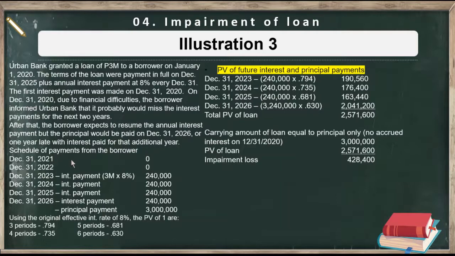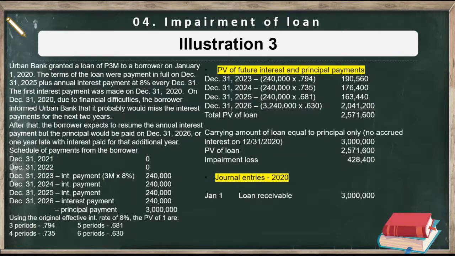Okay, what matters is how many periods pass before the payment. And since there would be 3 periods that pass here, 2021 is period 1, 2022 is period 2, and then December 31, 2023 is period 3. So that's why our present value factor starts at 3 periods.